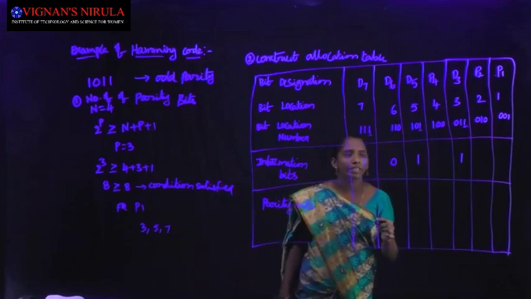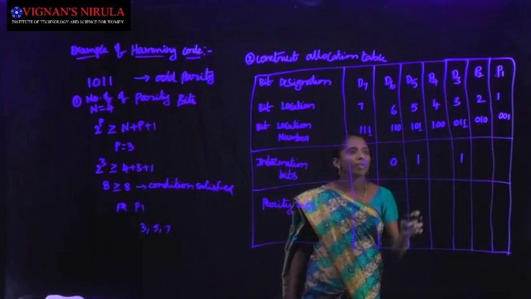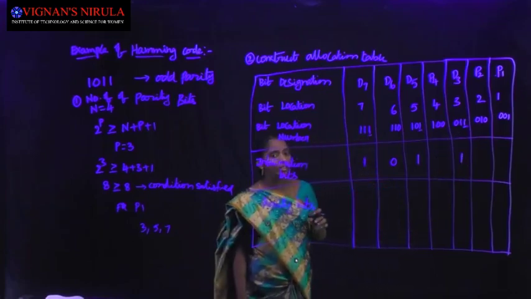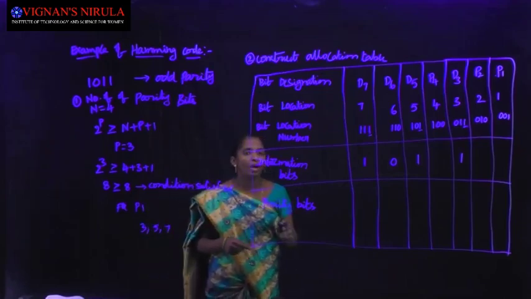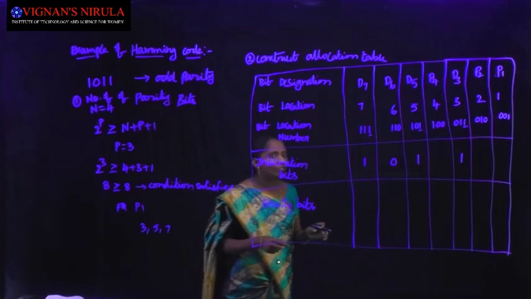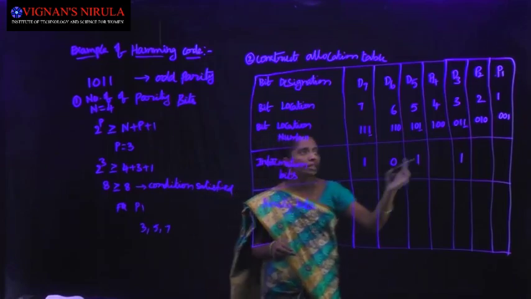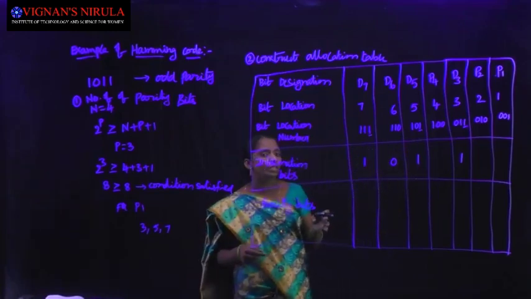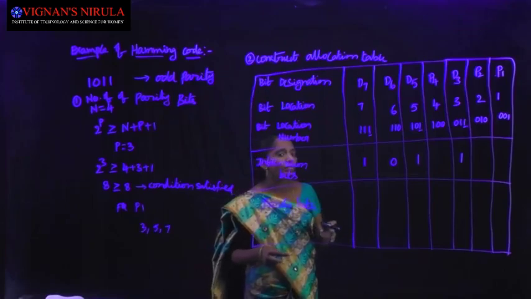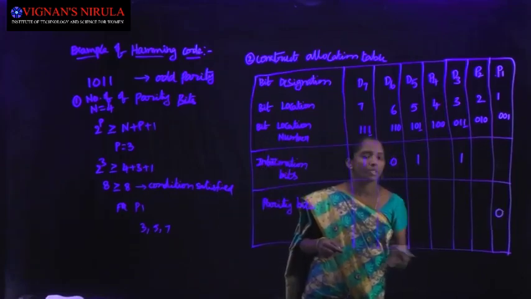Positions 3, 5, 7 have all 3 ones. For odd parity, we should have an odd number of ones, and already in the information we have 3 ones, which is odd. So the parity bit P1 should be 0.